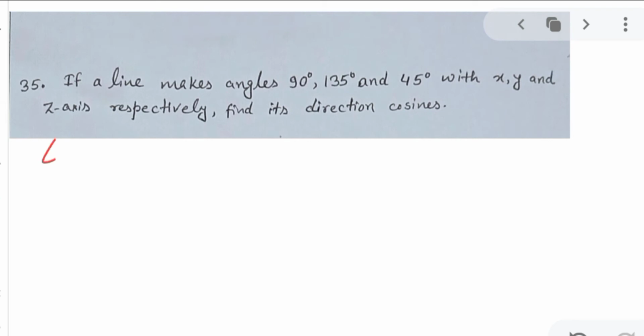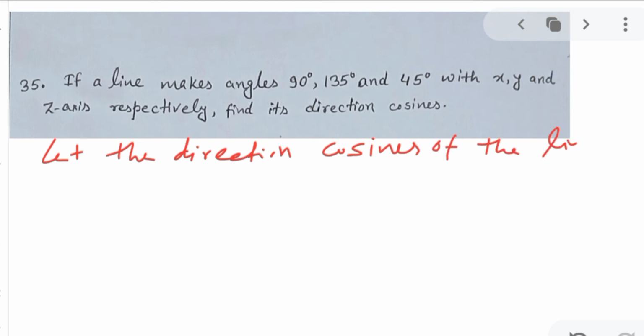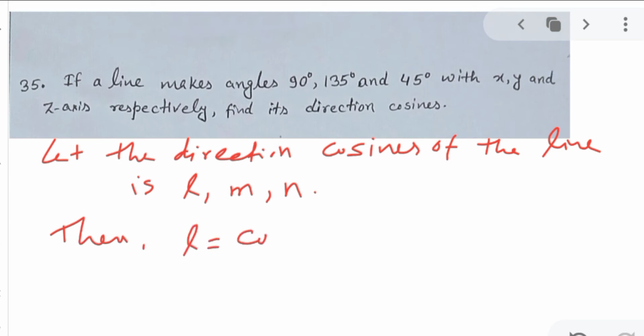Now for the answer you will write: let the direction cosines of the line be L, M and N. Then L is cos alpha, and alpha is given as 90 degree, so I will write cos 90 degree, with the x-axis, 90 degree given, correct?